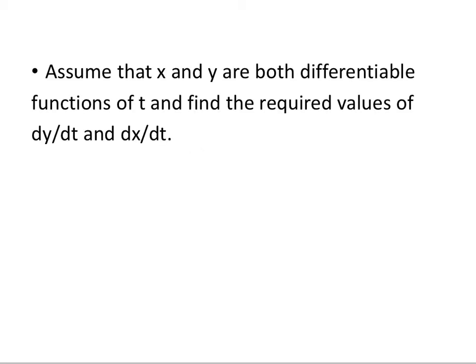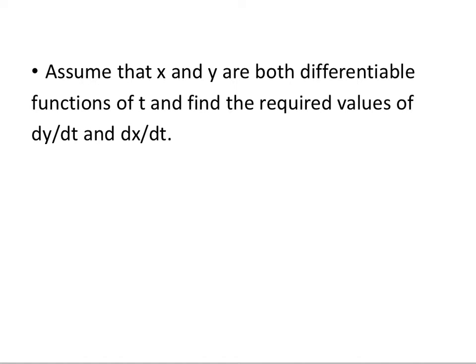We're going to assume that x and y are both differentiable functions of t, and we're going to find the required values of dy/dt and dx/dt. What we're going to have to do, in fact, is differentiate these functions implicitly.